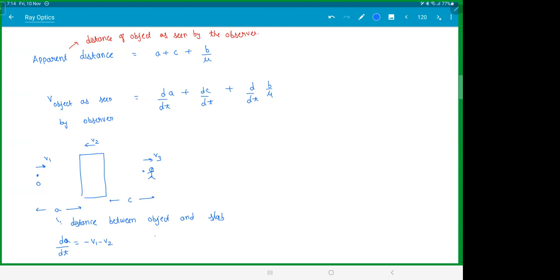Are you getting it? What is dC by dt? dC by dt is the distance between the slab and the observer. So when V3 is going, what is happening? It is increasing. When V2 is going, it is increasing. So it is V3 plus V2. Are you getting how I am taking plus and minus signs? If the velocity is responsible for increasing the length, it is plus. If the velocity is responsible for decreasing the length, it is minus.